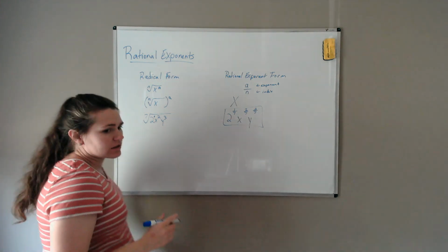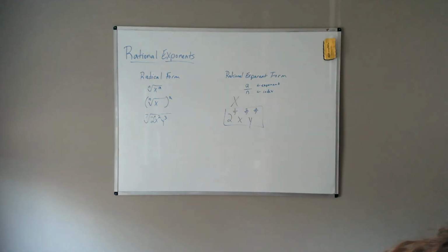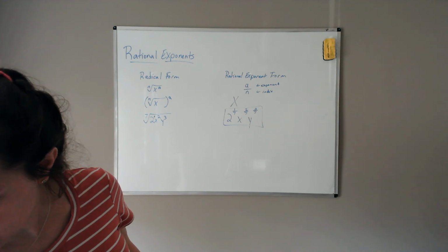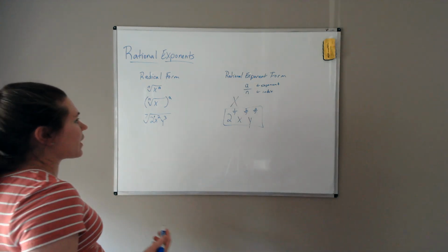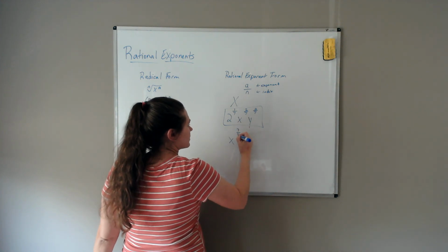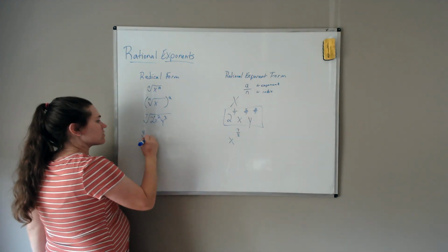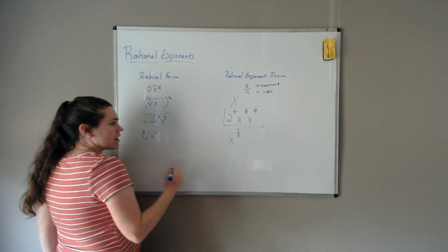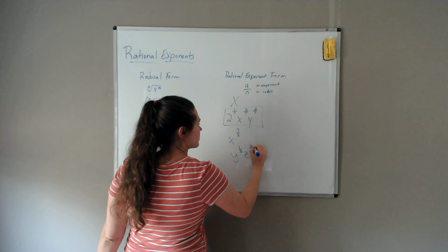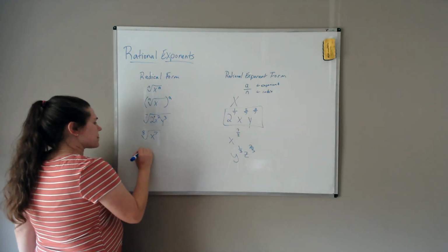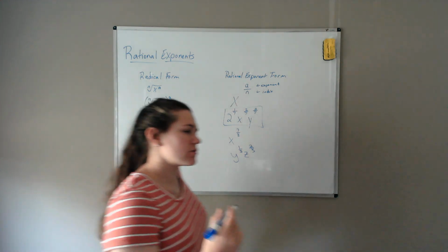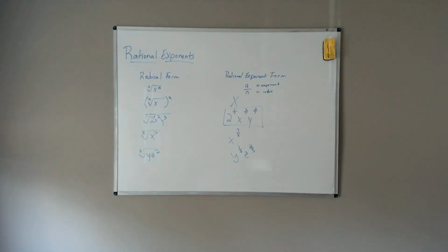And we can also think about it the other way. If I said what's x to the 7/8, that's the same as the eighth root of x to the 7th. What's y to the 1/3, z to the 2/3? Well, that's going to be the cube root of y, z squared. So make sure you can go back and forth between the two forms.